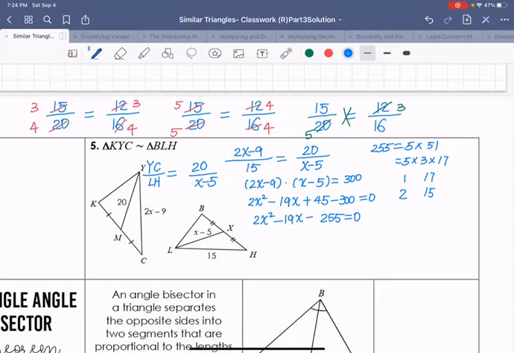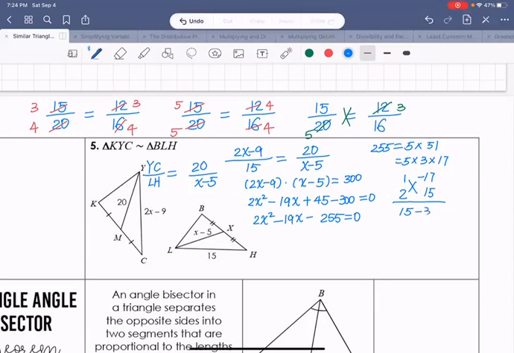This is 15, this is 17, so the two product equals 255. And then I am going to make this one negative. So 15 minus 34 equals negative 19. There you go.